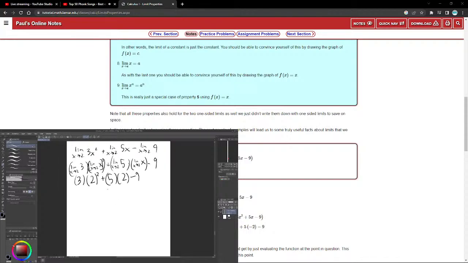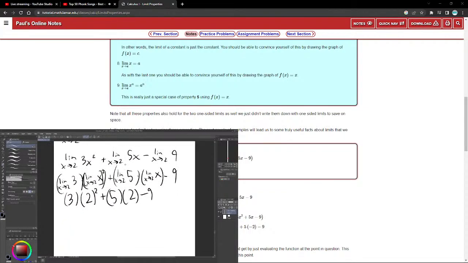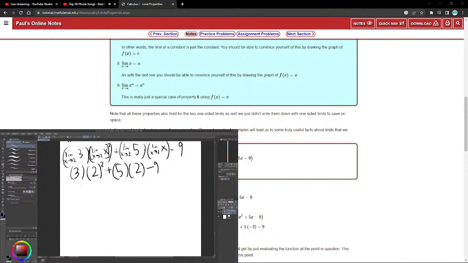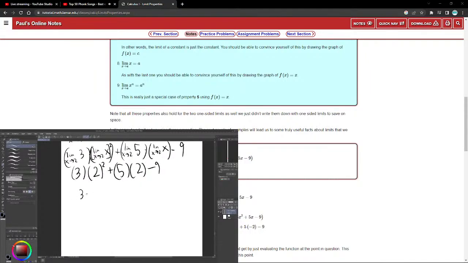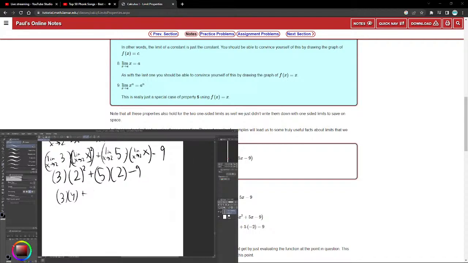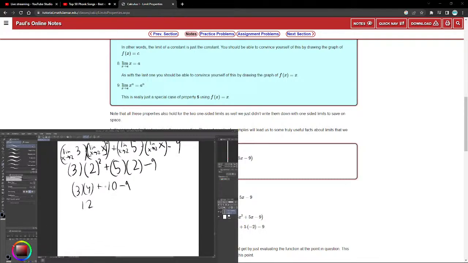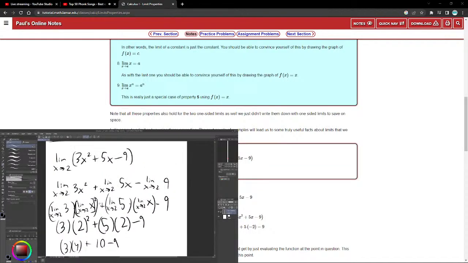This, I already did, like, plug 2 in my head. This should be -7. So if I don't get -7, it's wrong. Plus 10 minus 9. 12 plus, wait, no, this should be negative.